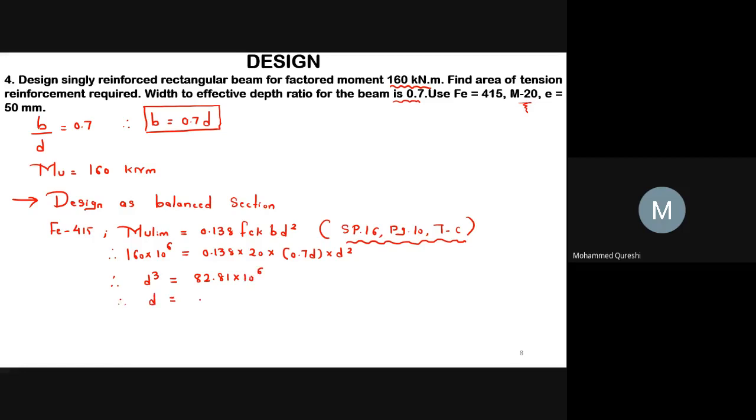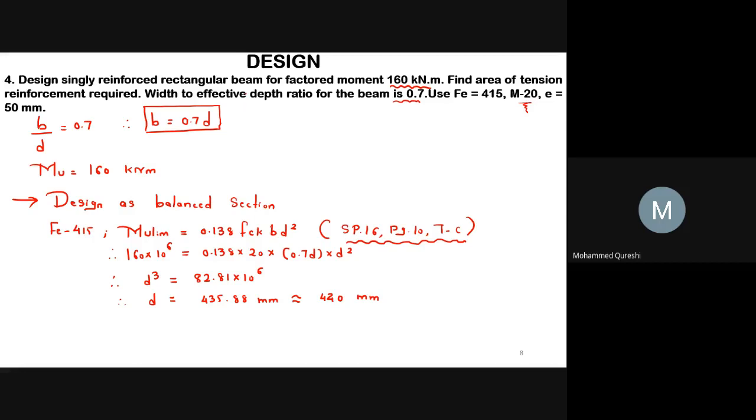Therefore, small d equals 435.88 mm, approximately 440 mm.